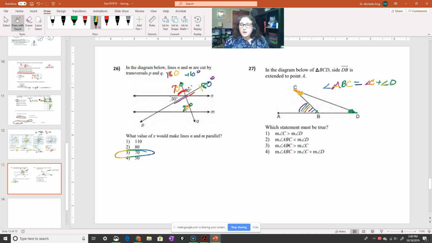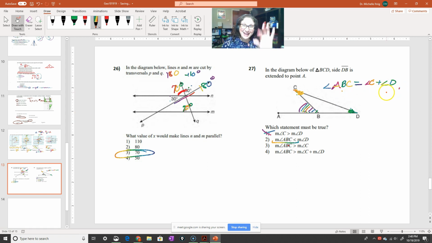That's it. Which statement must be true? Is it true that we know that formula is true? That's called the exterior angle theorem. Does C have to be bigger than D? Nope. They have to equal whatever the outside angle is, so it's not this one. Is angle ABC, the outside angle, smaller than angle D?